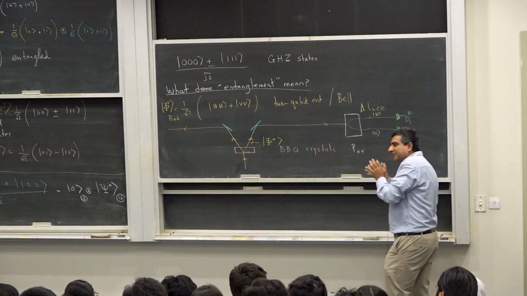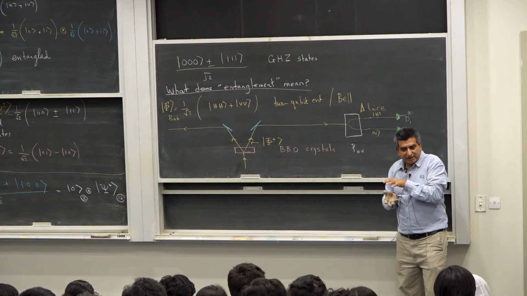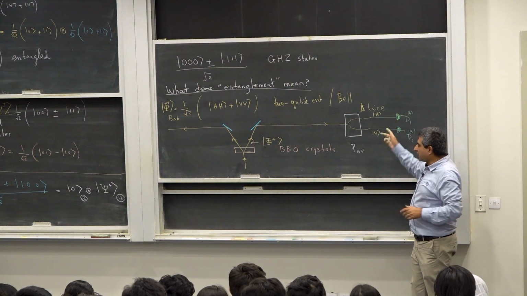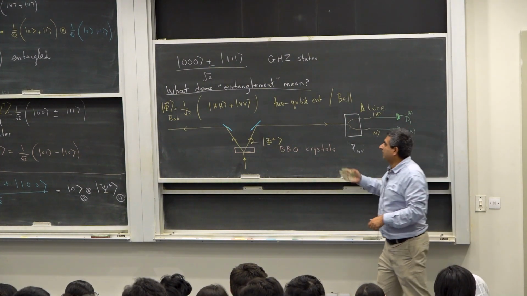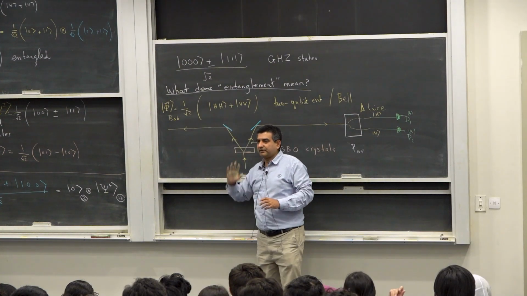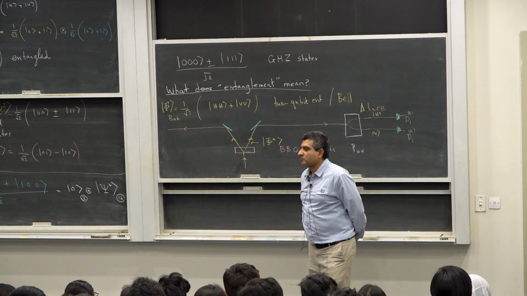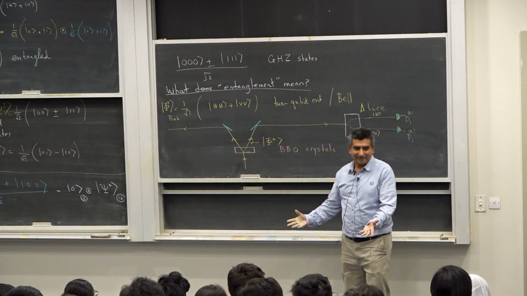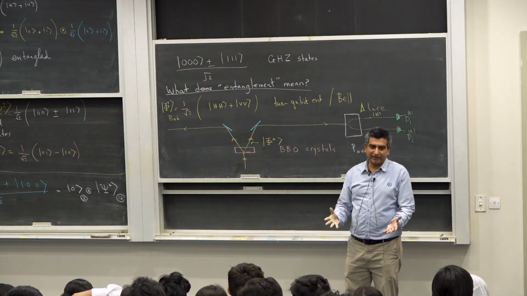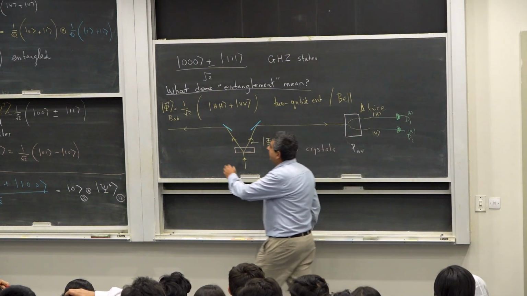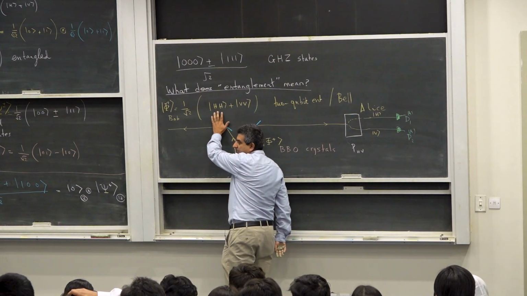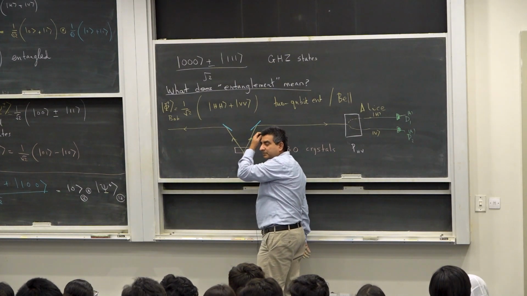But Alice chooses to measure her own photon, the state of her photon. Which of her detectors is going to click with this entangled state? It could be either with half probability. Half of that probability is coming from this term and the other half is coming from this term.